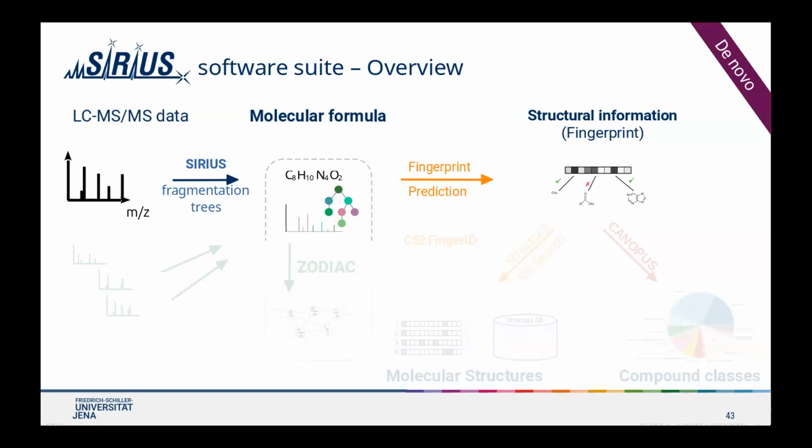So we developed another machine learning method that uses the predicted fingerprint and predicts compound classes from this fingerprint. This method is called Canopus. And if you see, we now have a workflow from the MS/MS spectrum to compound classes that is completely de novo. So we will at least get some structure information for our whole data set.